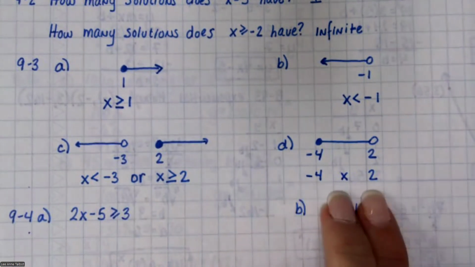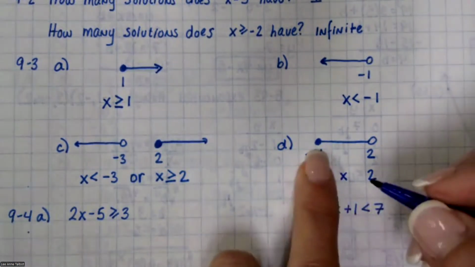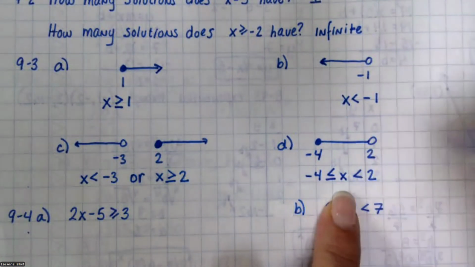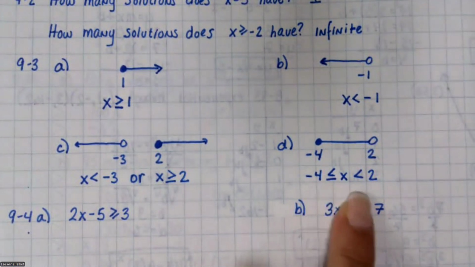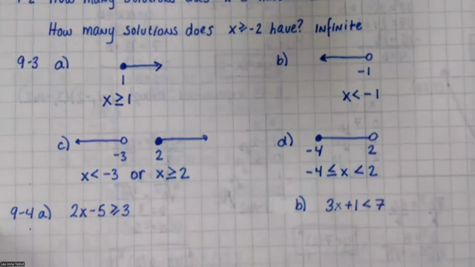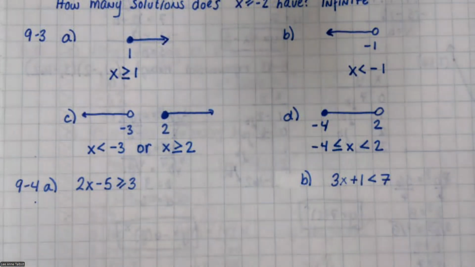And on these, the arrows always point to the left. So this one is going to be closed and this one is going to be open. But your arrows always point left. Do you have any questions about any of these from A, B, C, or D?